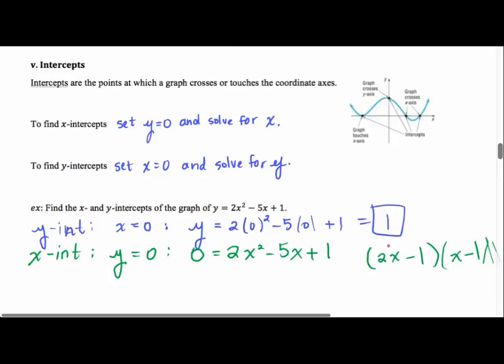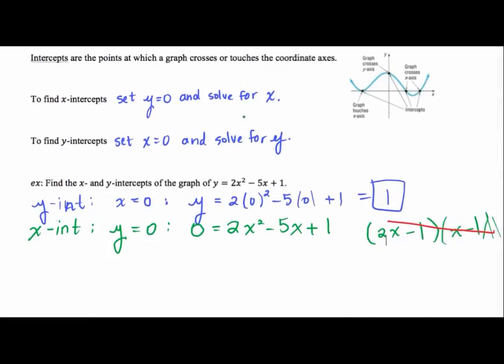So how do we solve it? Quadratic formula, go! Solve that equation using the quadratic formula.